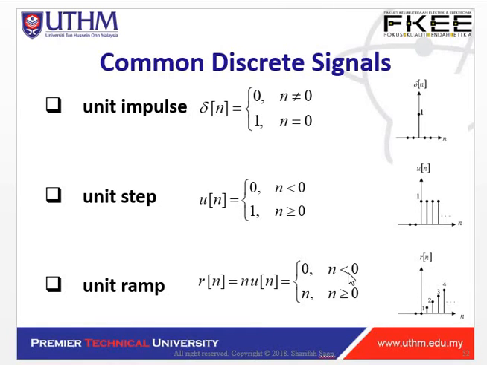For n less than 0, the values are all 0. For n more than or equal to 0, the value starts with the n value. So the ramp always starts with 0: 0, 1, 2, 3, 4, 5, 6, 7, 8, 9, 10, and so forth.